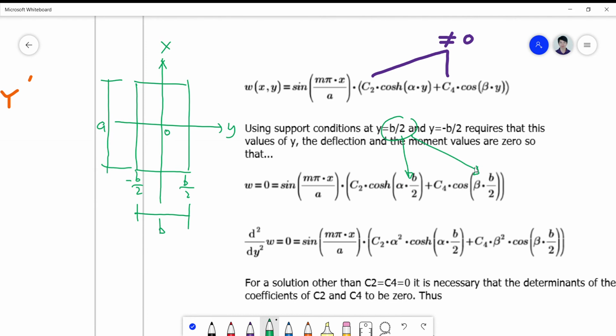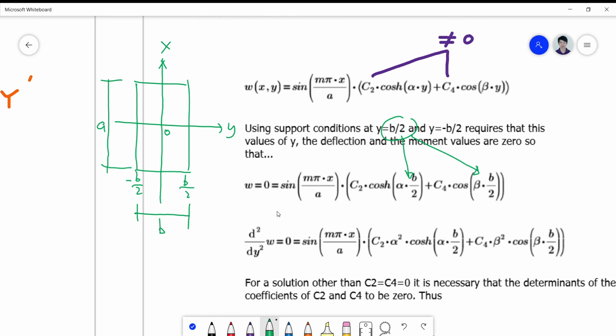So if I substitute here, the deflection will only be on the other side. So that's what will happen if we use a negative b over 2 instead.